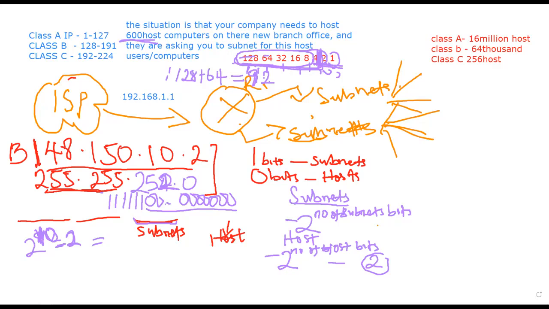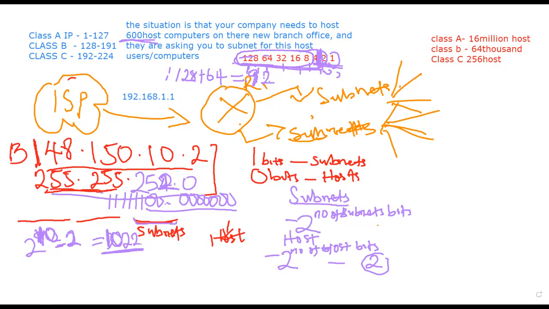We get 1,024, which means 1,022 hosts from this new network, which is very good. This is the most efficient resource management that we could find using our subnet mask.